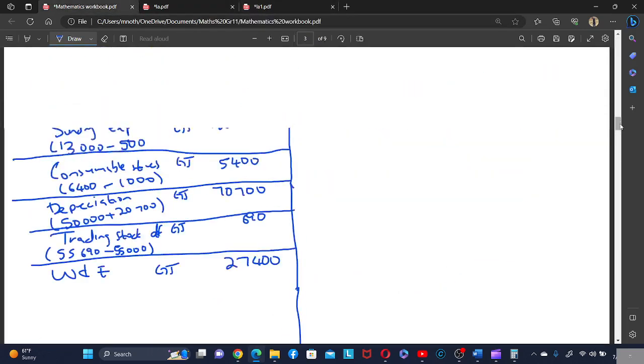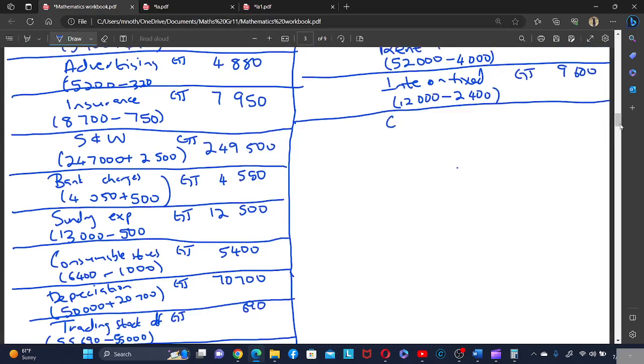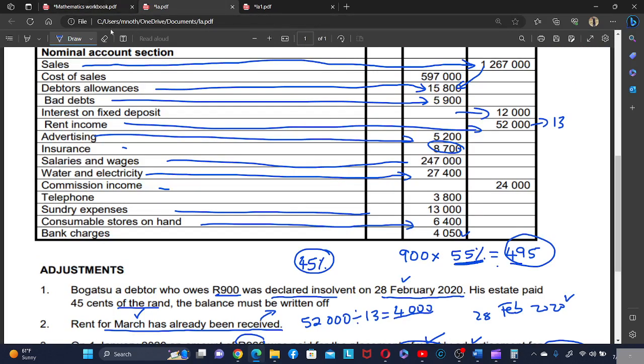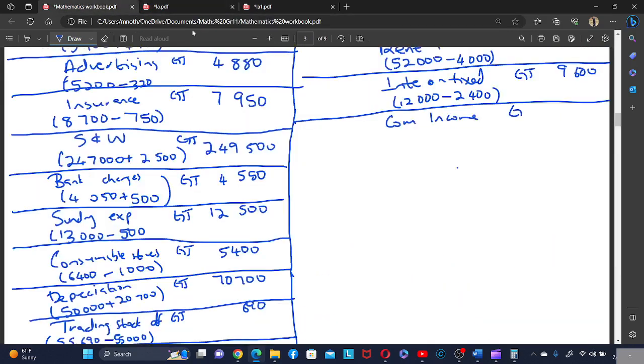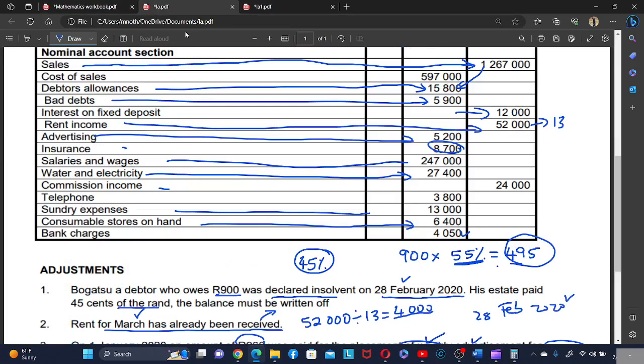Commission income, which is 24,000. What else? Telephone account, 3.8.